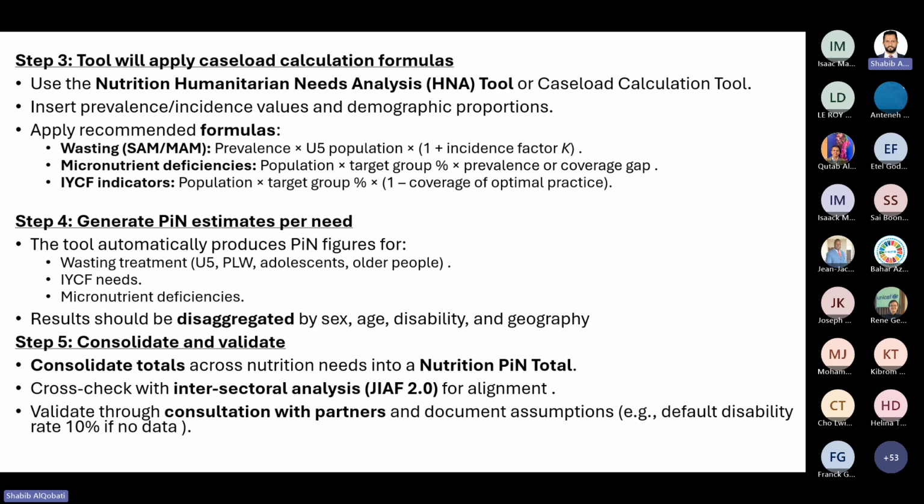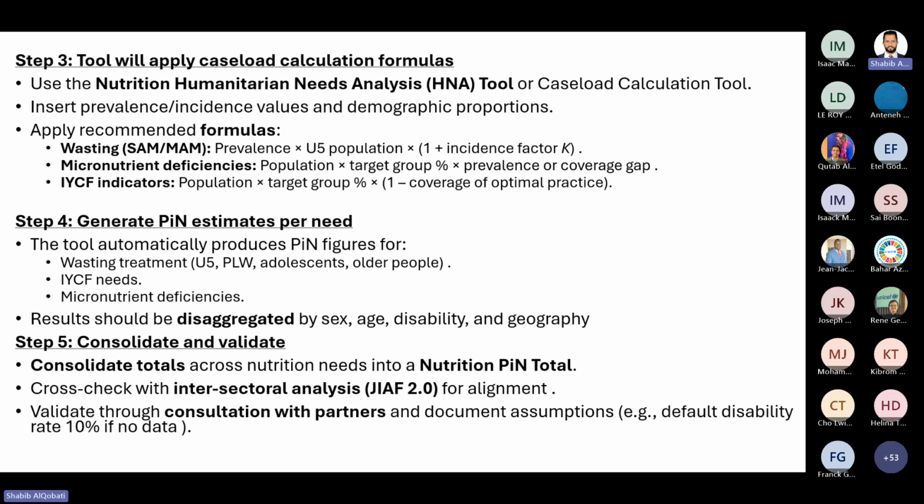It will calculate for you, for example, wasting, SAM, MAM, inpatient, outpatient, targeted supplementary feeding, the number of children in need of screening, and also women. It will also calculate micronutrient deficiency.